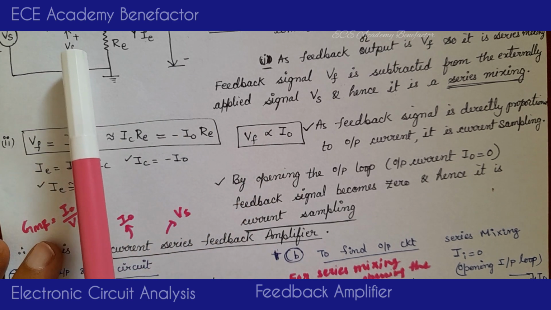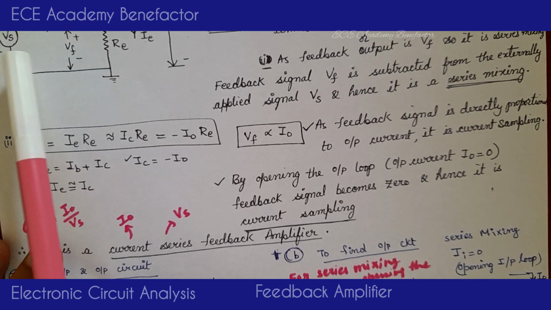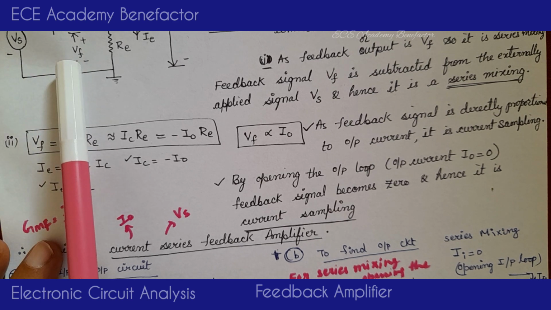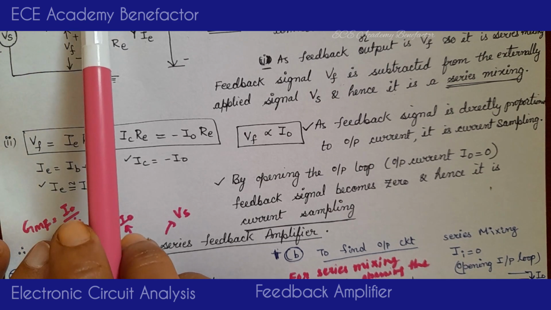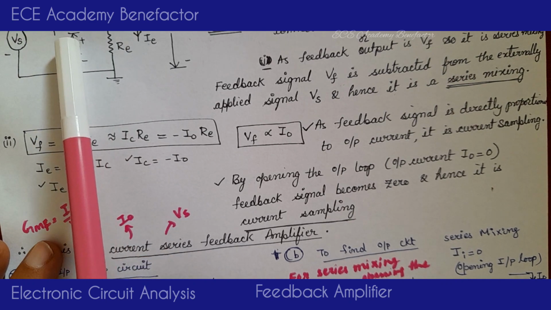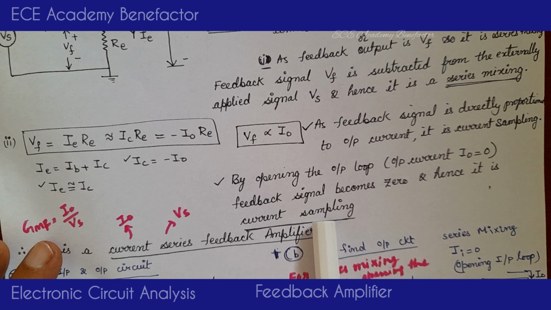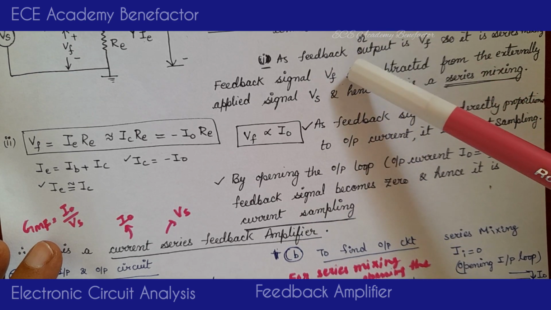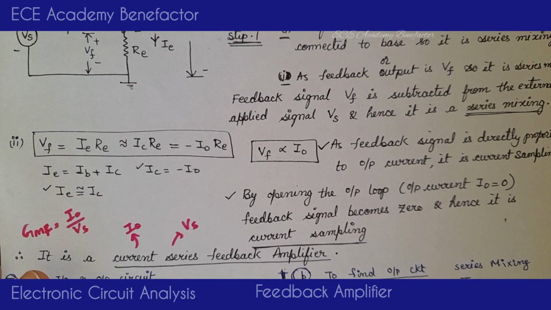Or another way: when the feedback signal is subtracted from the externally applied input signal as voltage, it is series mixing. By opening the output loop, if the feedback signal becomes 0, it is current sampling. So there are two steps, and you can take either one for your convenience to understand.